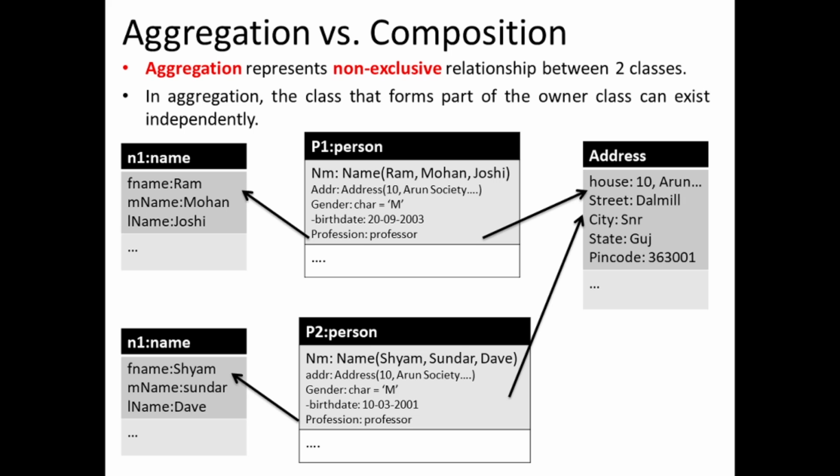It means if we remove person P1, it will not remove the address, because the address is also shared by P2. But between N1 and P1 we can establish a composition relationship. It means if we remove P1, then it should remove N1 also.